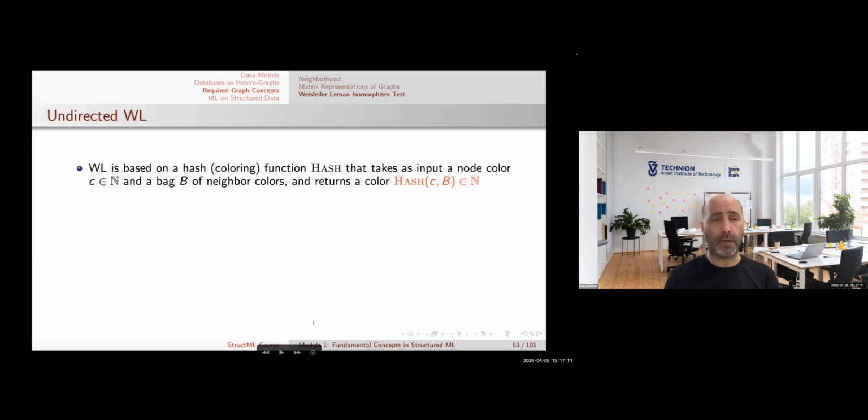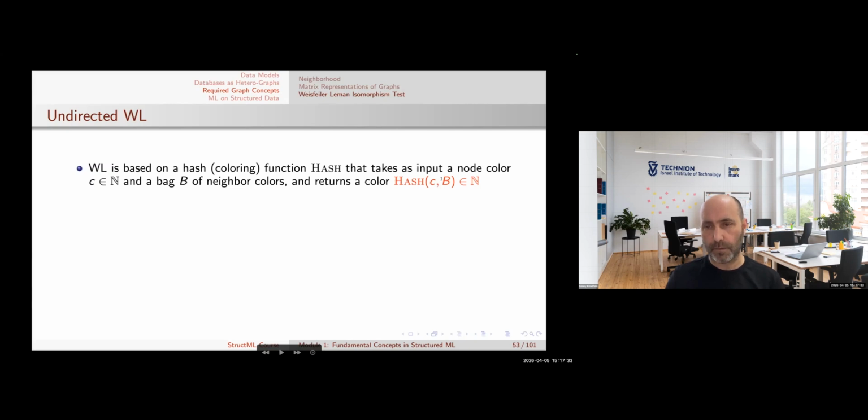Okay, so let's look at the undirected version of Weisfeiler-Lehman. The coloring function is based on a hash function. We call it hash, which takes as input a node color C and a bag B of colors. Okay, these will be neighbor colors.